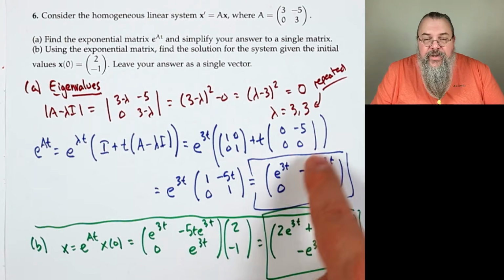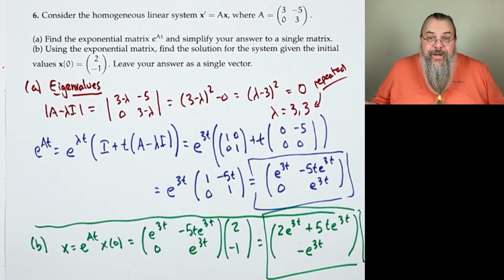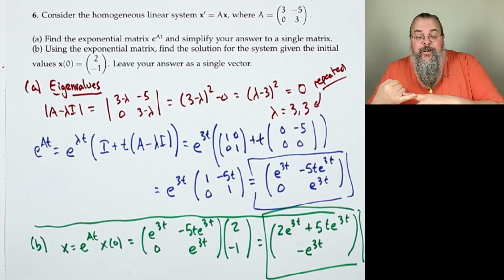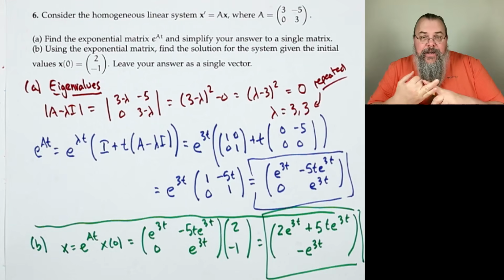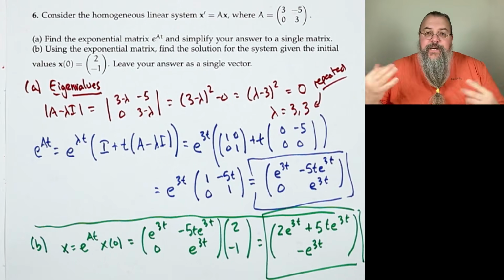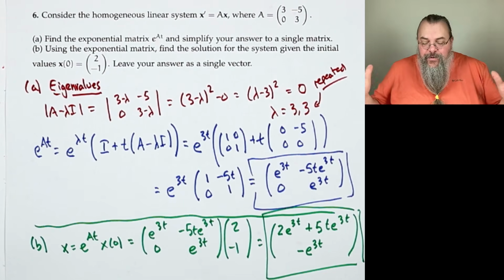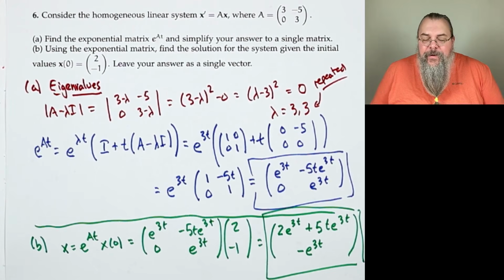You do superposition of the columns, because e to the At is a fundamental matrix. If a problem asks for a fundamental matrix, e to the At. Ask for general form, superposition of columns of e to the At. Ask for an initial condition problem, e to the At times x0. It's just boom, boom, boom, boom. Life is good. Life is wonderful. So it's a very powerful technique.